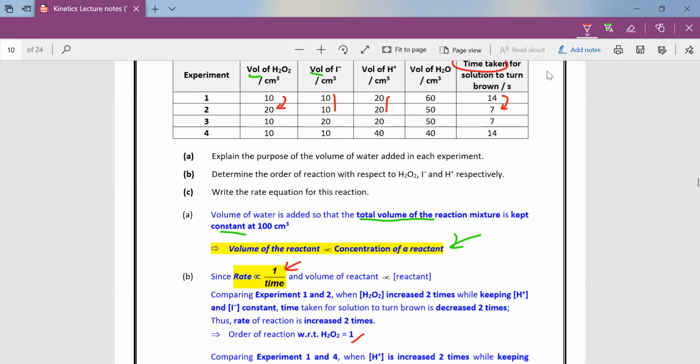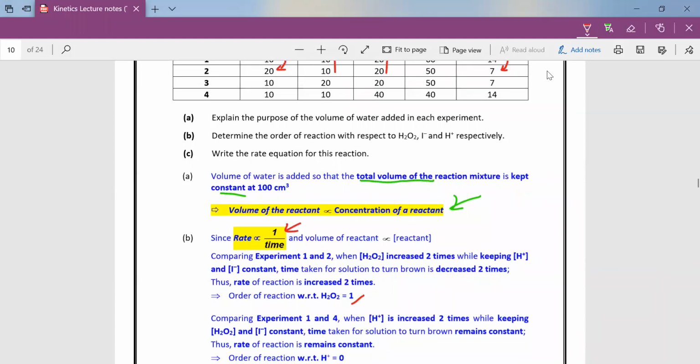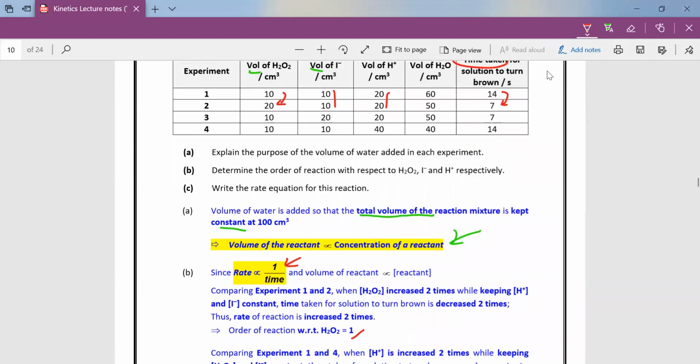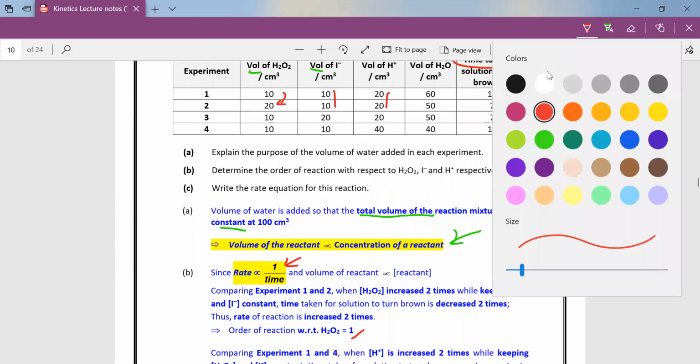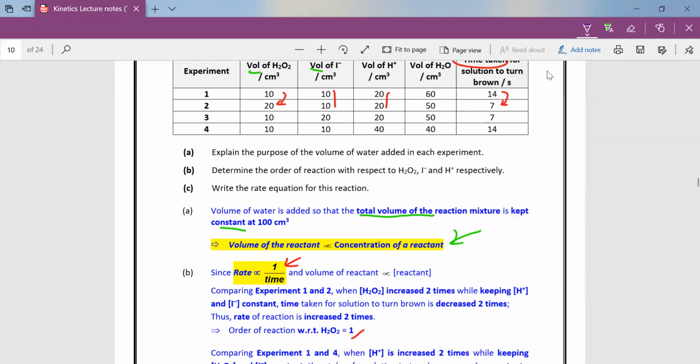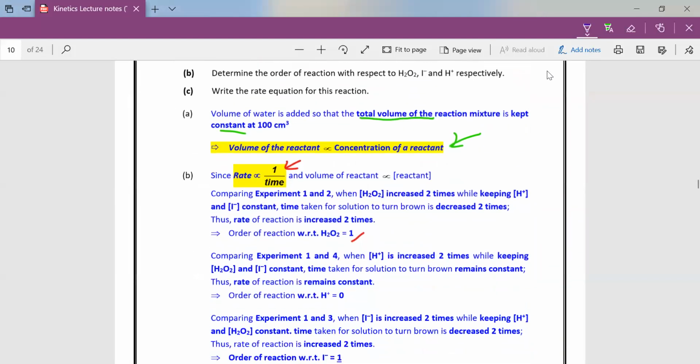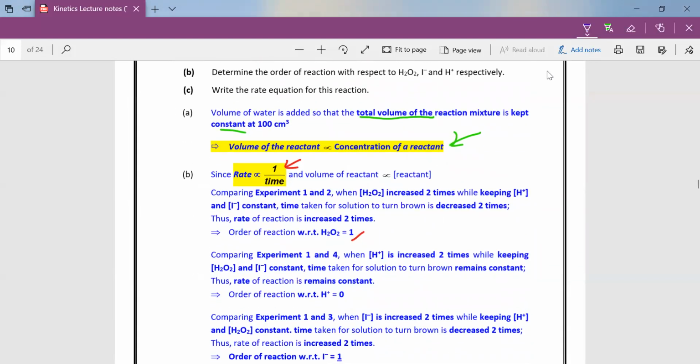And next, when we compare experiment 1 and 4, let's change another color. 1 and 4, peroxide is kept constant. Iodide is kept constant. H plus is doubled. You can see that the time taken stays the same. So the order is 0 with respect to H plus.